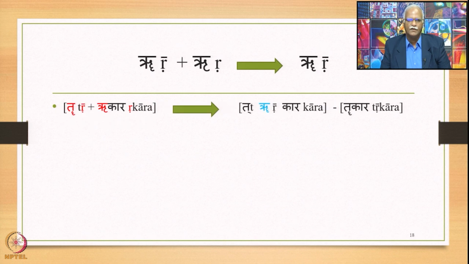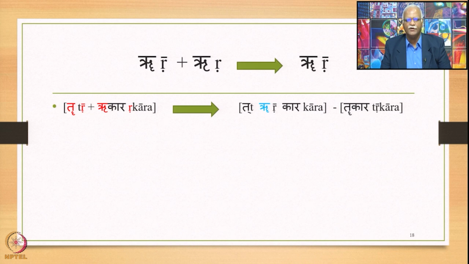Then we have a long ru plus ru, that is short. In place of both of them, 6-1-101 applies and the substitute generated is long ru. So we have tru long plus rukara. Tru is a verbal root and somebody is imitating the utterance of this verbal root. Now this imitation, because it's an imitation, attains the status of pratipadika and then subanta, and then it can be an input to this compound.